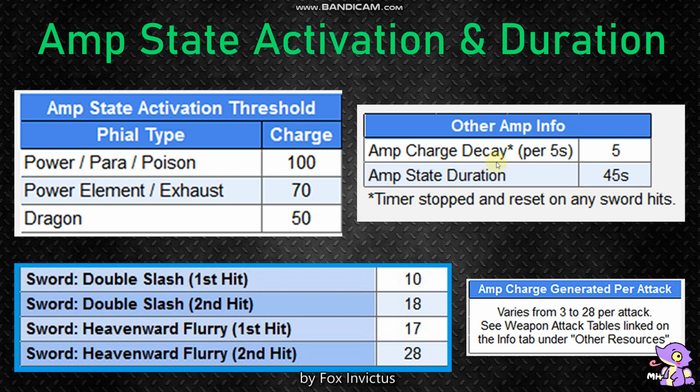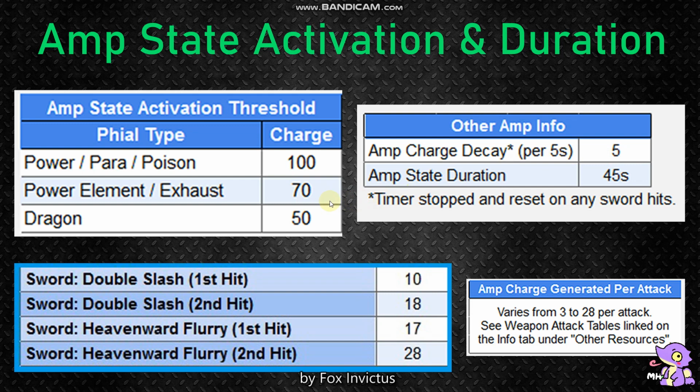Yes, if your sword isn't in the M state and your charge value isn't filled up to this value, for example you're using a power element phial and the charge points are only at 40 or 50, every 5 seconds you'll lose 5 points.